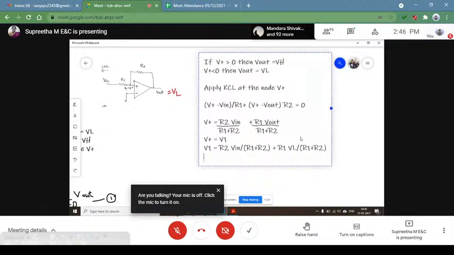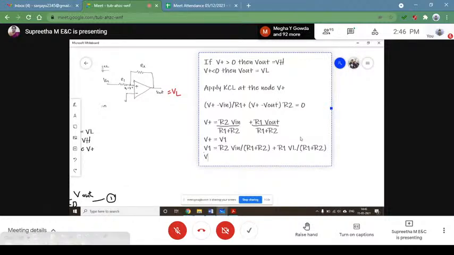Is that clear? So as per our condition now, what happens when V1 is greater than 0?